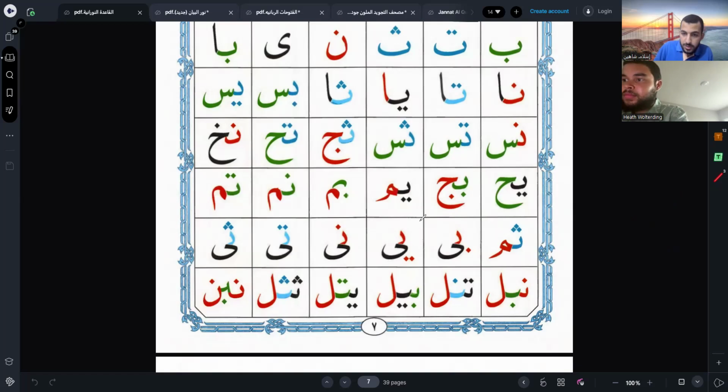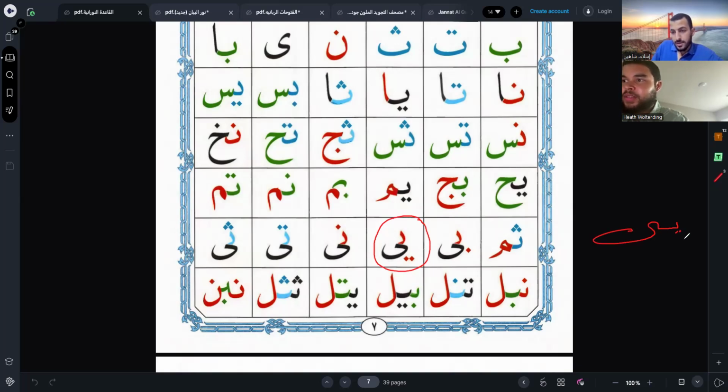So how about this one here? That's ya and ya. Perfect. Yes, that's it. So we have two letters. The first one is going to take the shape of the letter when it comes at the beginning. So basically we have one of the teeth with two dots beneath, which is ya. So we may have it also like this.